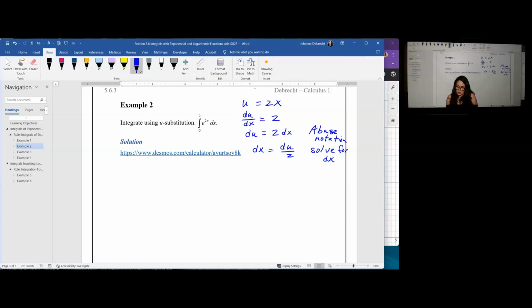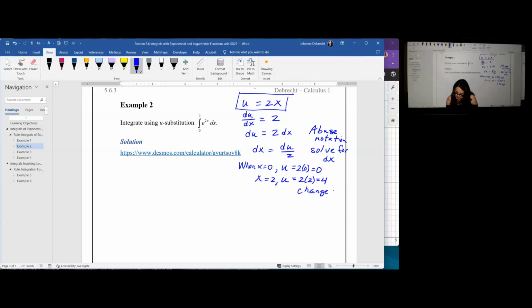In this case, we're going to change the limits, and we're going to say that when x is equal to 0, using our substitution equation, u is equal to 2 times 0, which equals 0. When x is equal to 2, u is equal to 2 times 2, which is equal to 4.